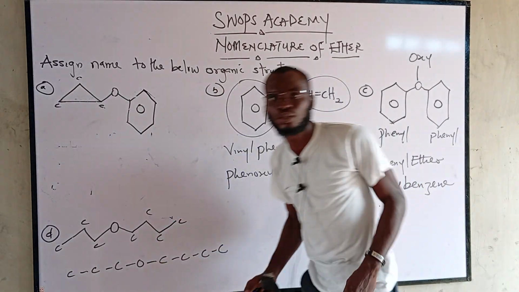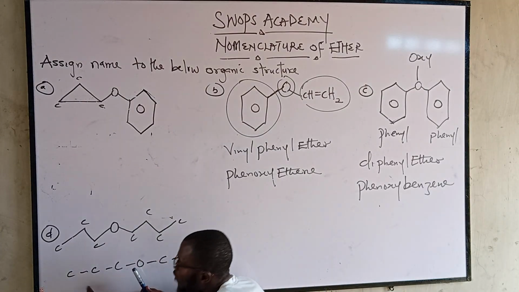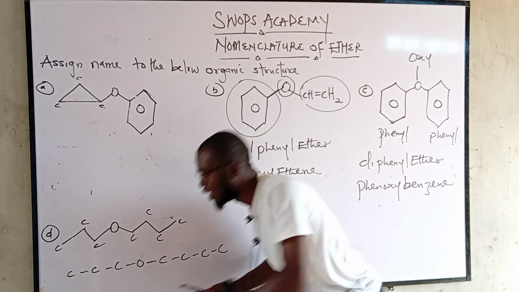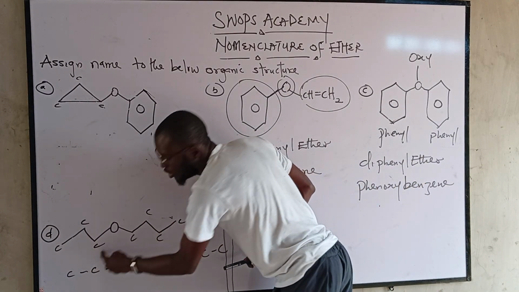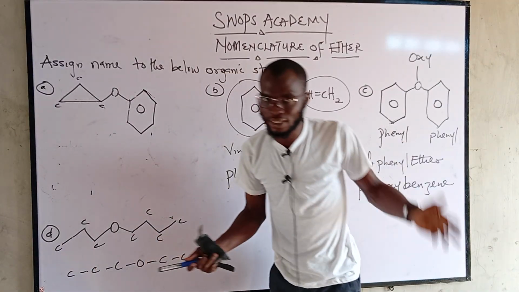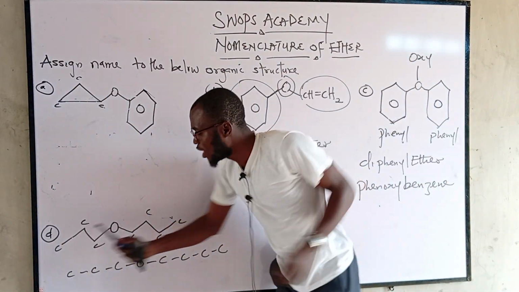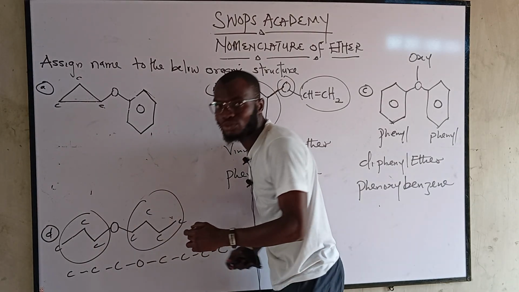Let's use the substitutive method to solve this, and you will be the one to do the functional method for me. Are we together? The substitutive method for this one, how many carbon are we having? 1, 2, 3, which is prop, and it is single bond, propane. But I said they will deduce one. This is one substituent, this another substituent.